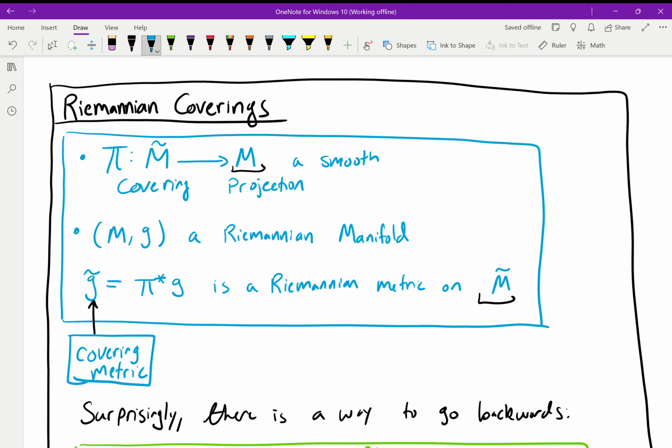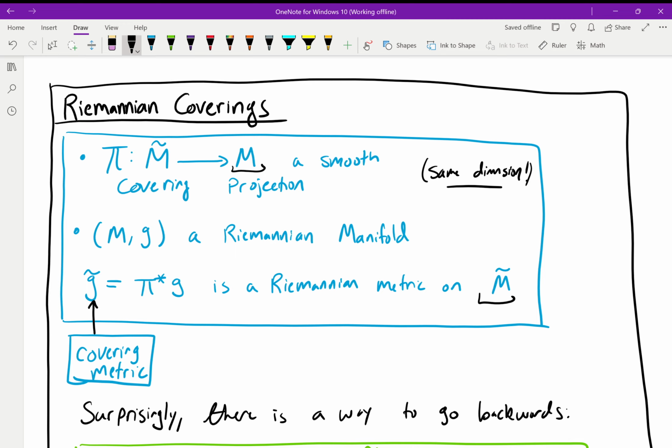Do I have something backwards? You're talking about same dimension. Sorry? You need to be same dimension. Yes, that's right. We do need the same dimension, because it's covering. That's an important thing. Let's see. Yeah, and this metric is creatively called the covering metric.